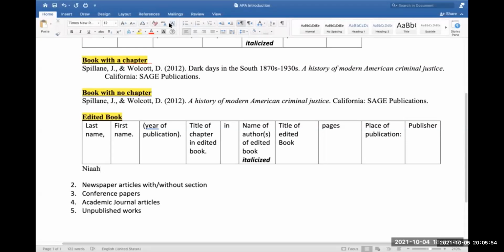Comma, S. Comma as well. Open bracket, 2020, close bracket, full stop.